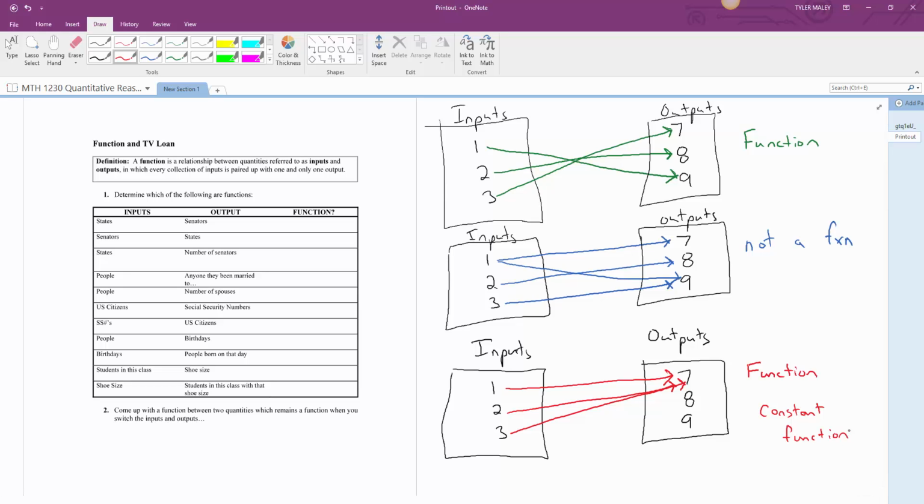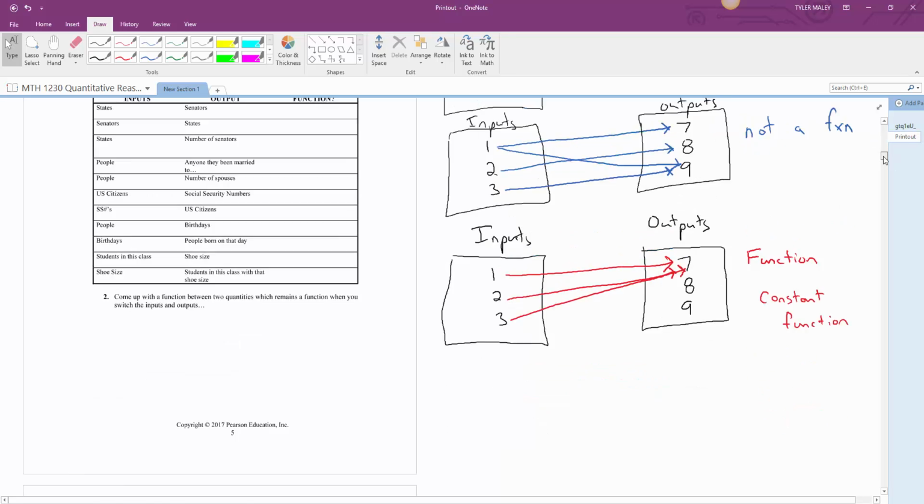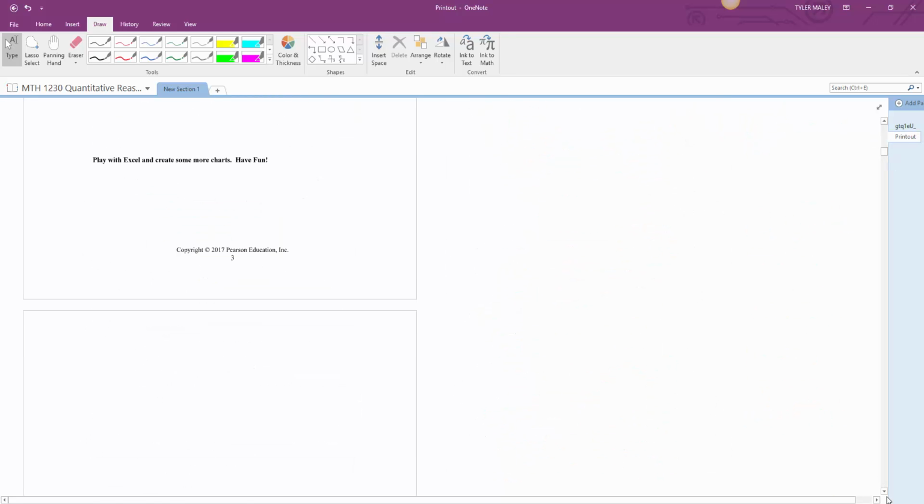An example of this is if we are mapping a senator to the country of residence. That would be an example of a constant function. So let me write this down.